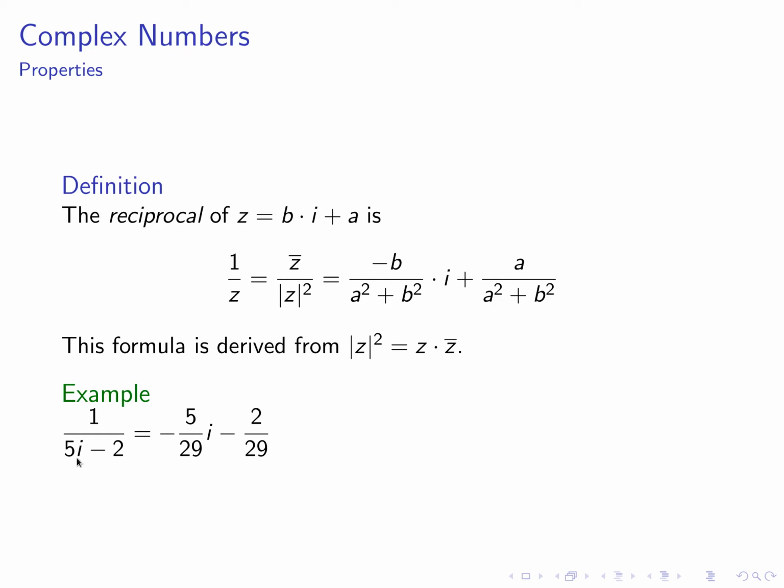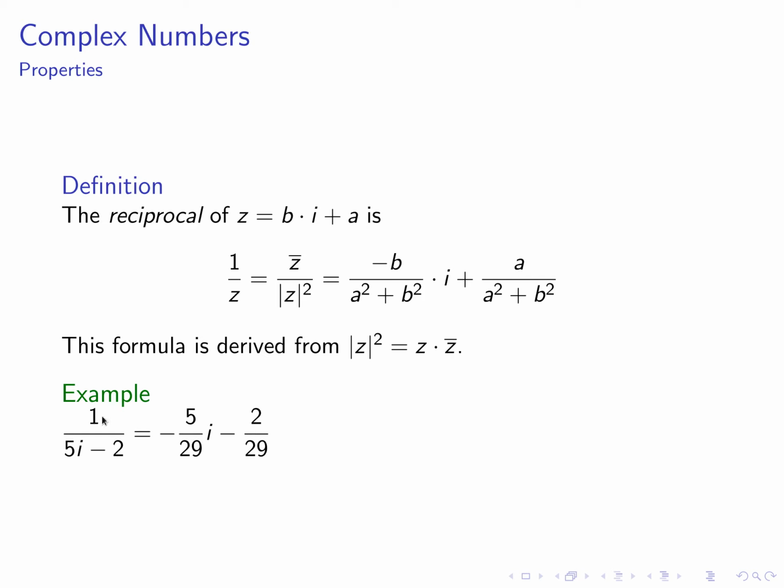For the number 5i minus 2, the original imaginary part is 5, so the numerator of this new imaginary part should be negative 5. The denominator should be the sum of the squares of the real part and the imaginary part. So now we're looking at negative 2 squared, which is 4, plus 5 squared, which is 25, which gives us a denominator of 29.